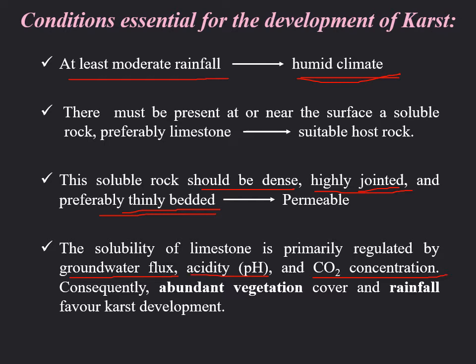Because if you visit Agra nowadays, there are lots of industries, and those industries release lots of pollutant gases like carbon dioxide, sulfur dioxide, nitrogen dioxide, carbon monoxide into the atmosphere. So when precipitation occurs, the rainfall reacts with those atmospheric gases and forms mild acids.